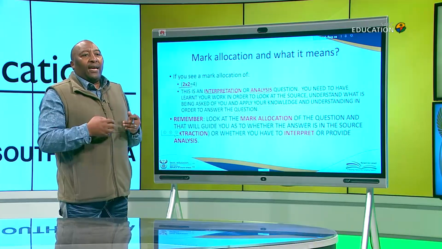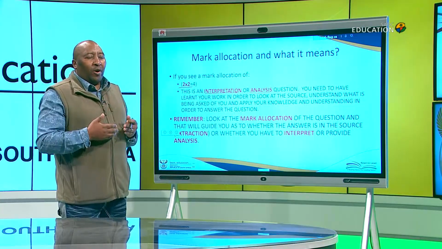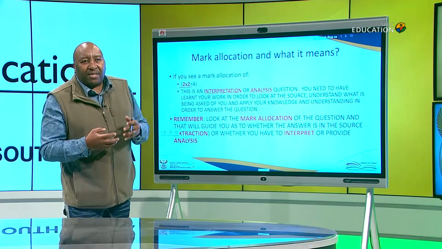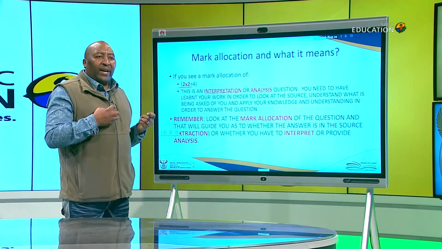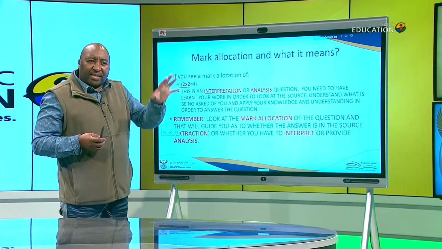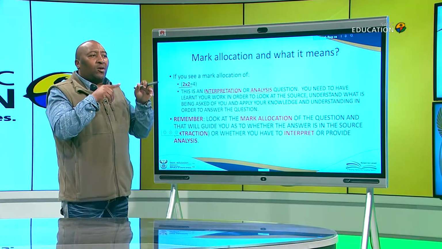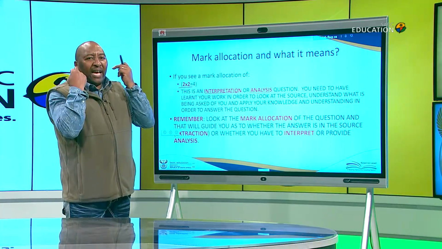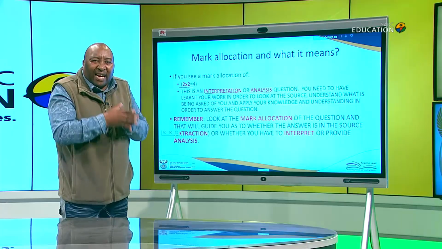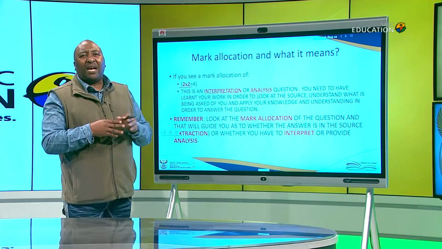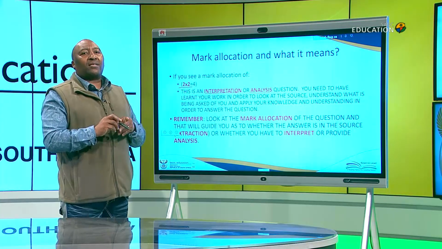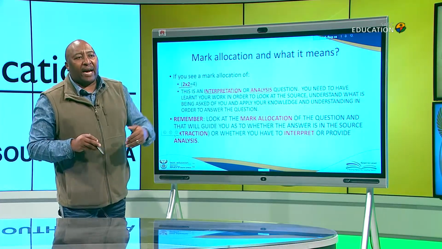Therefore, learners must avoid going to exams having not studied the content. They must not only rely on sources as they appear, they also need to use the knowledge that they have gained in the classroom in order to be able to interpret and to analyze, because this is now a higher order.